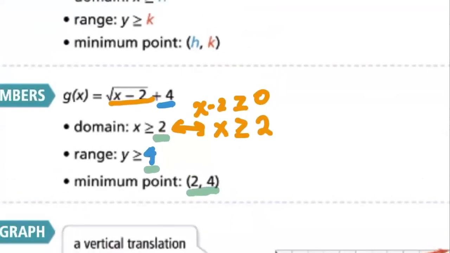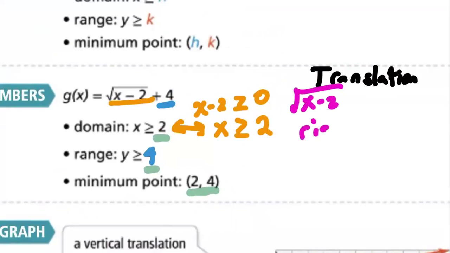So using translations, the x minus 2 means you're going to go to the right 2, and then the positive 4 means you're going to go up 4.